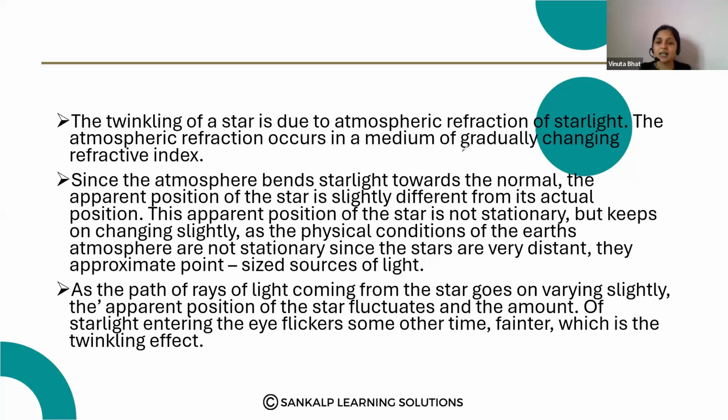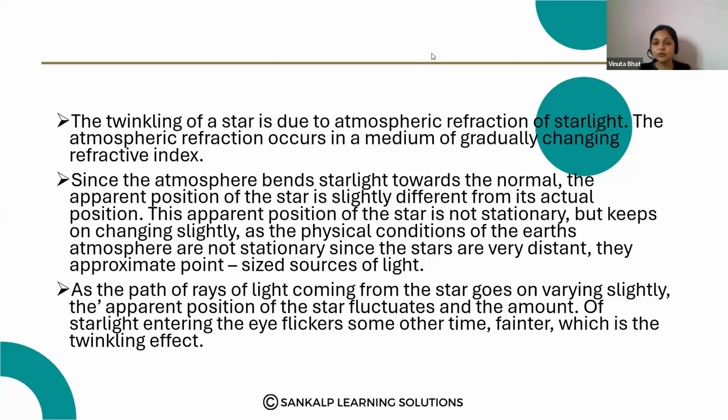Since the stars are very distant, they approximate point-sized sources of light. So, as the path of rays of light coming from the star goes on varying slightly, the apparent position of the star fluctuates.